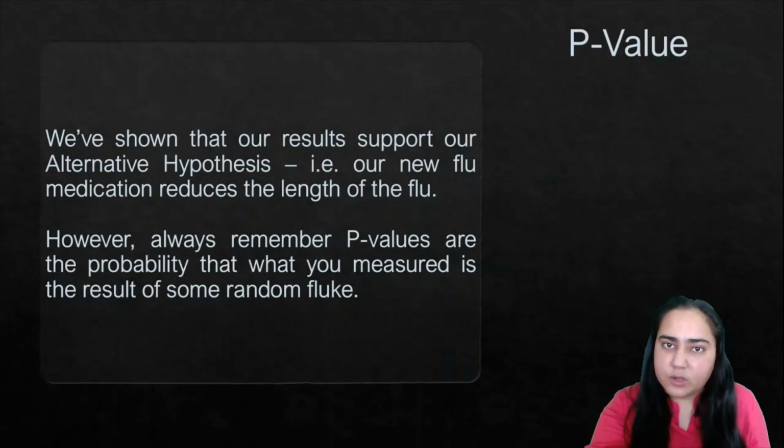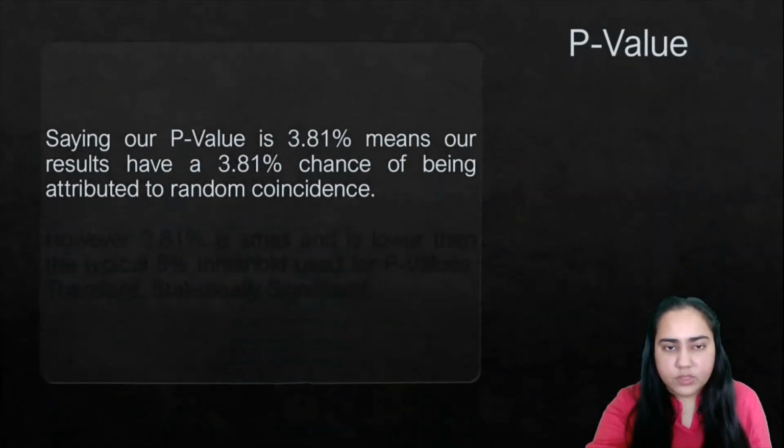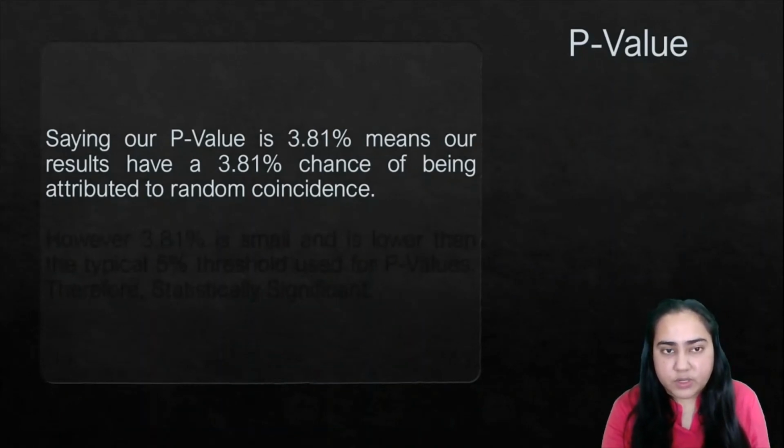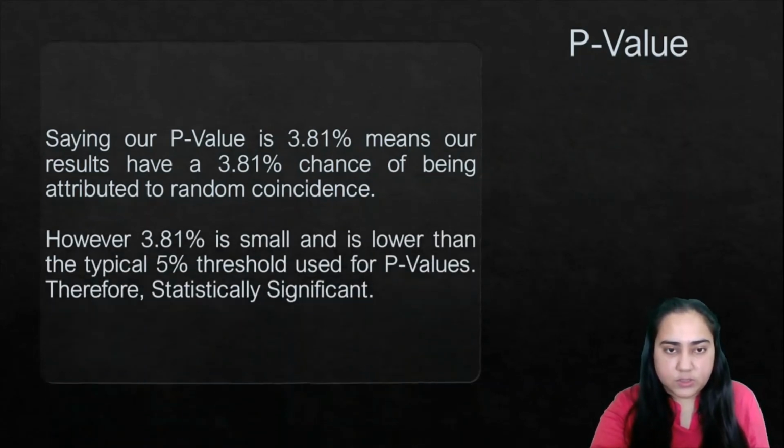And let me just tell you a little bit more about p-value, and then we go back to the Python code and I'll show you how you can calculate p-value. It's very simple, just a one-line code to do it. So saying our p-value is 3.81% means our results have a 3.81% chance of being attributed to a random coincidence.